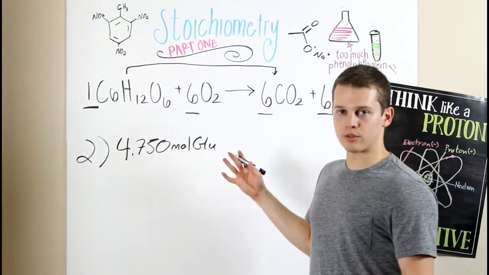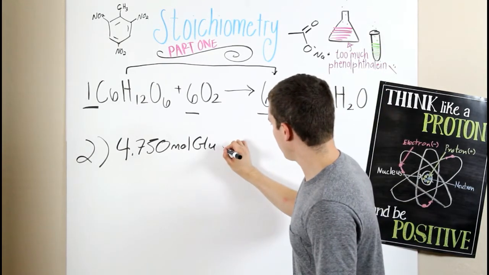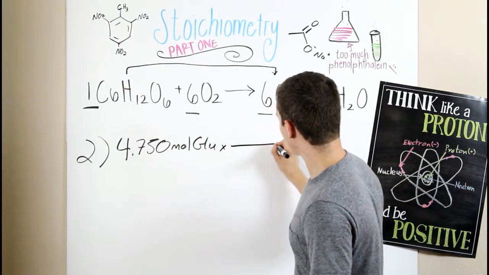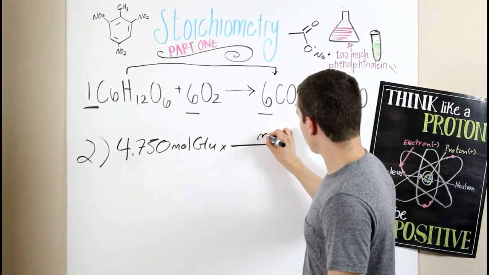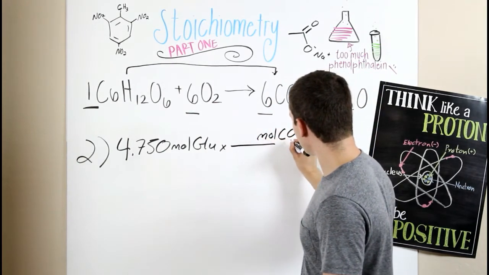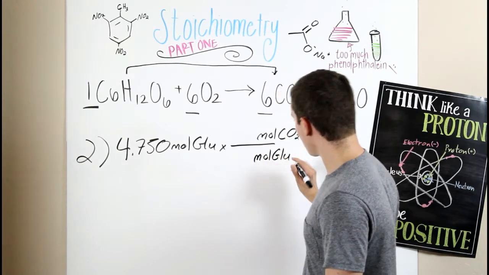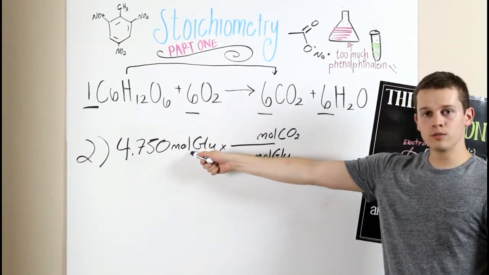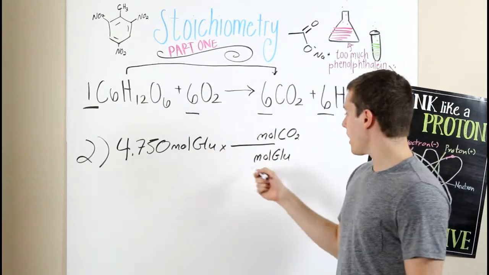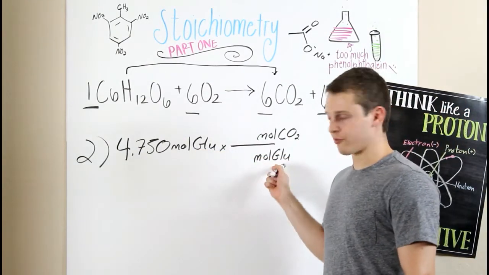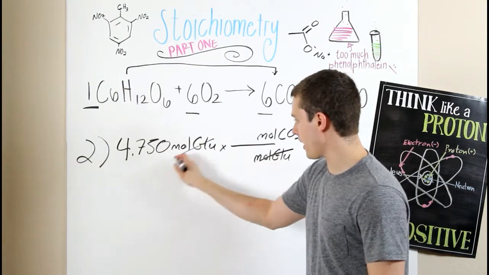So, how do we do that? Well, we use our mole ratio. We're going to use the ratio of moles of CO2 over moles of glucose. Why? Well, because if we have moles of glucose on top and moles of glucose on the bottom of this fraction here, they cancel each other out.